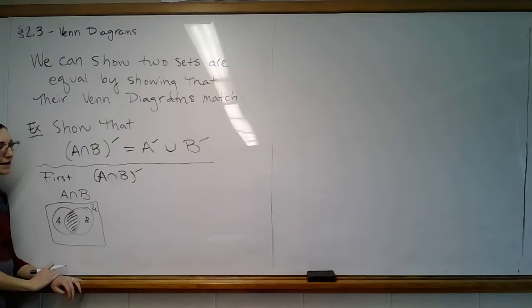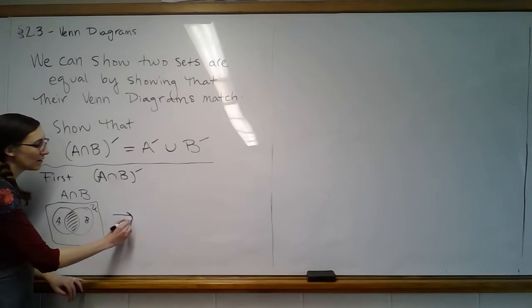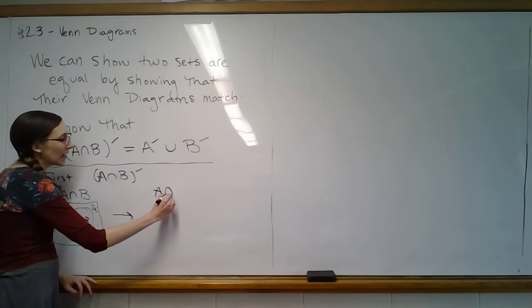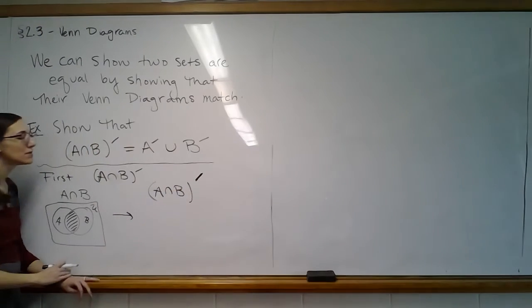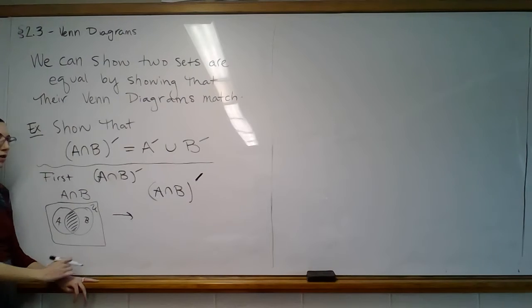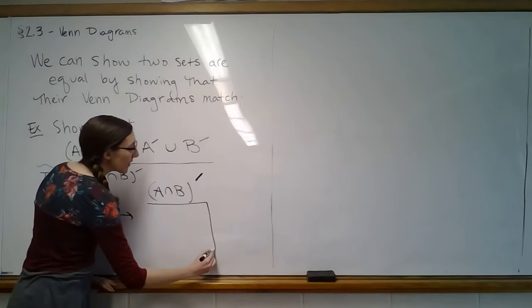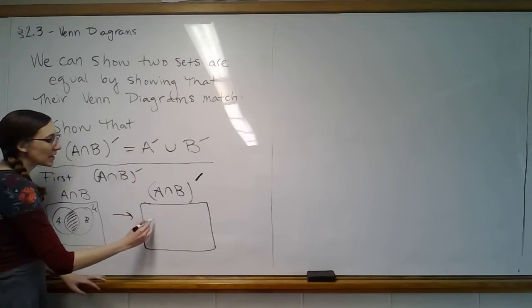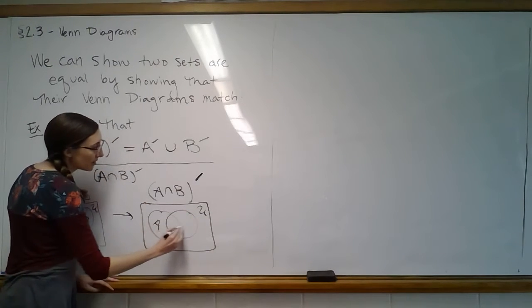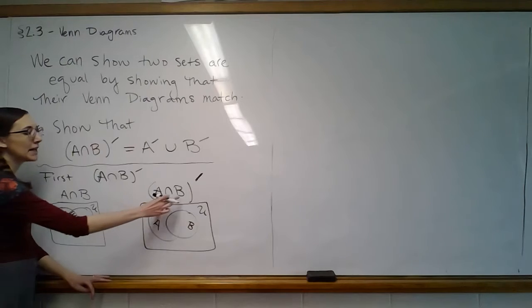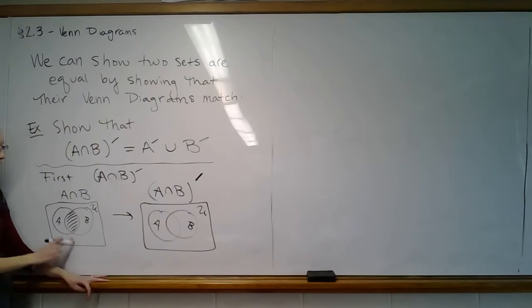Okay, what we want next is we need to take that, A intersect B, and find its complement. So we need to reverse all of the shading. Remember, a complement means not in that thing. So not in here, but anywhere else.